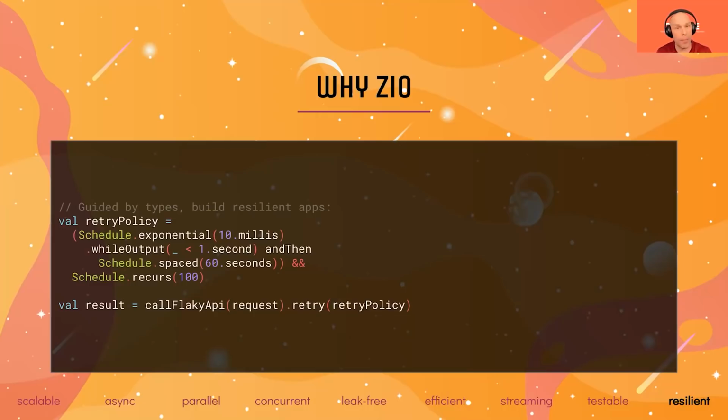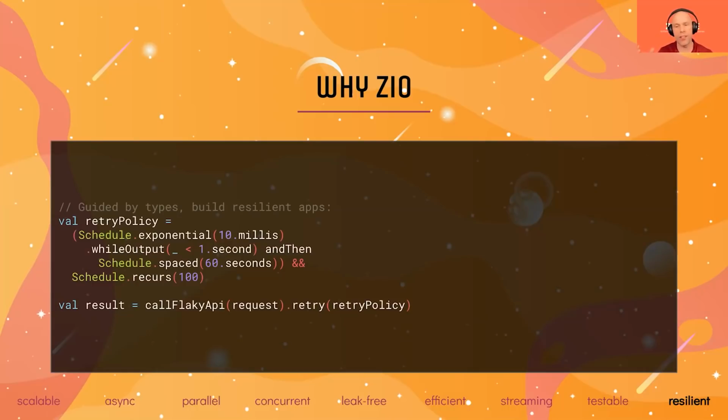And ZIO has compositional schedules and retry and repeat and schedule operators that allow you to handle any sort of failure scenario that might possibly arise according to whatever your needs might be, whether it's exponential fall off, cap, limited, all those scenarios and infinitely many more are supported using a compositional type-safe API that can be tested deterministically and instantly in a unit test without actually waiting for any period of time to elapse.